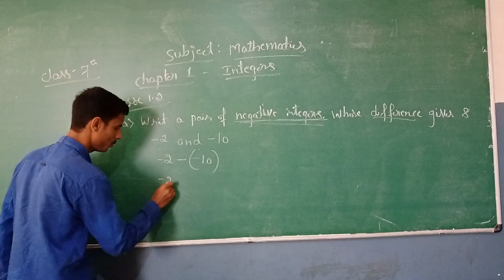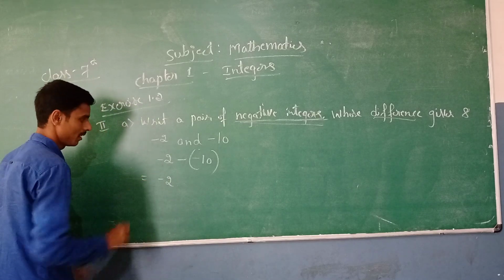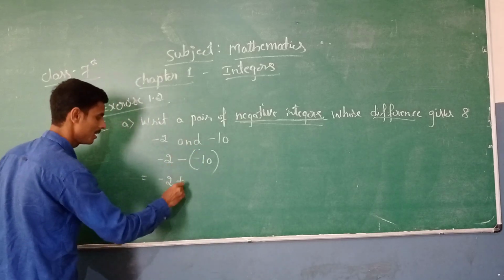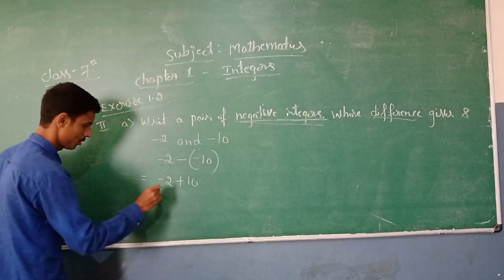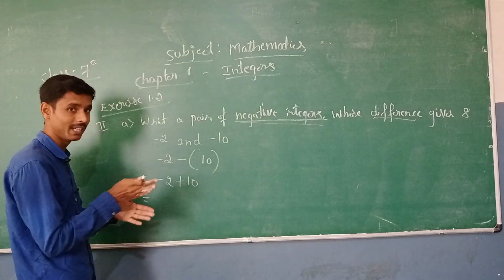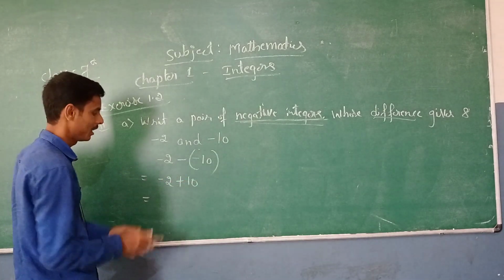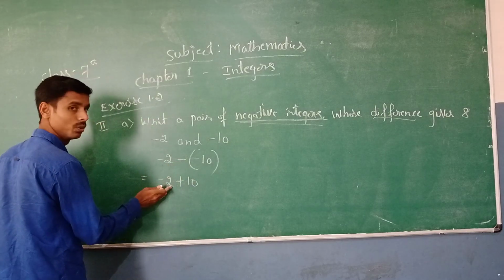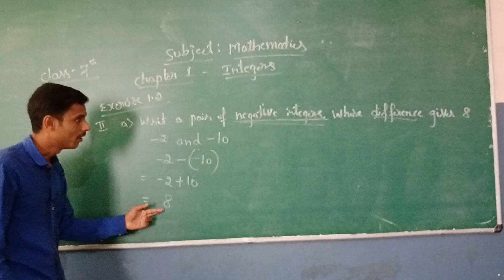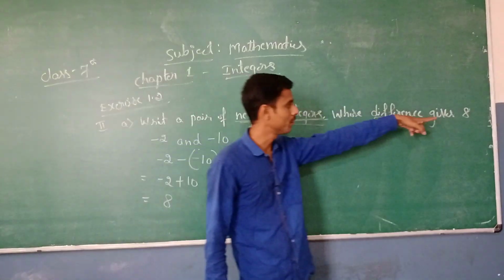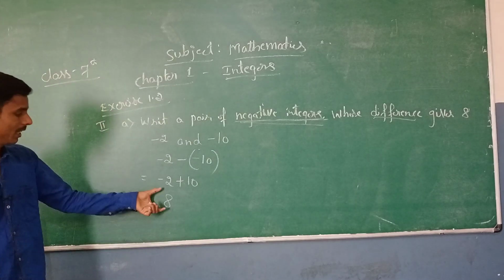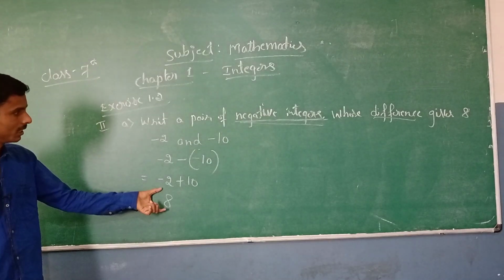So minus 2 we can write as it is, and we know how to remove the bracket: minus of minus is plus 10. So minus 2 plus 10, when we have opposite signs we subtract. So 10 minus 2 is 8. Which type of 8? Plus 8. In the question it is given that we should get a positive integer, plus 8. So we get a positive integer.